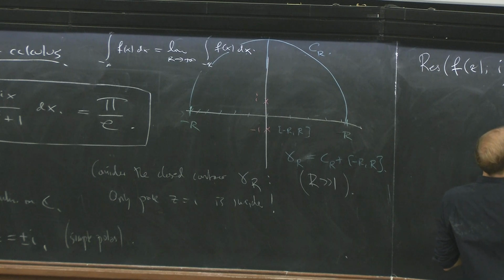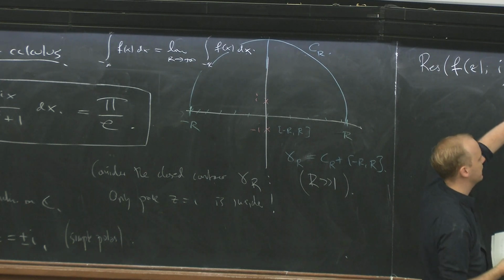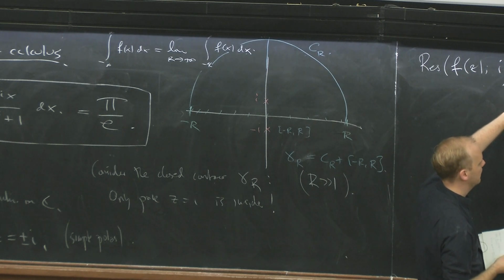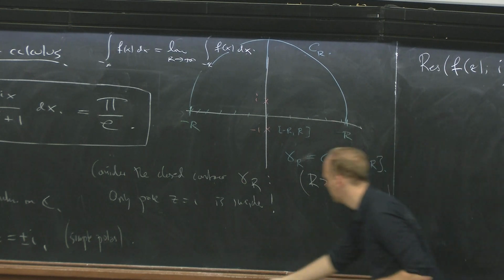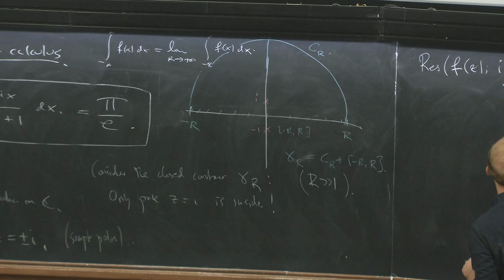So you remember that we had a formula like this, that the residue is equal to this. It was a formula we saw last time. In general, you'll have to multiply by some power here, and so on. But because it's a simple pole, we have this formula. And this is equal to what?